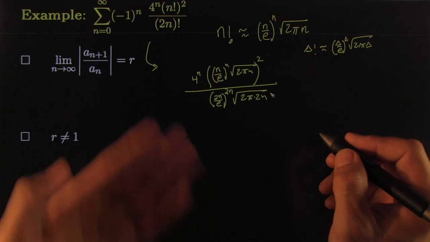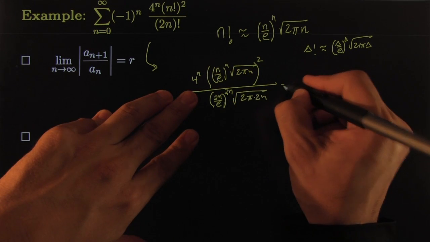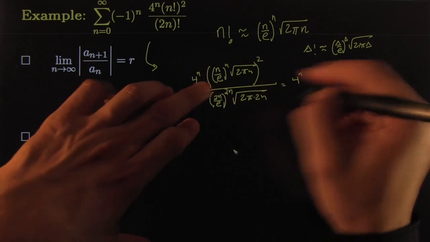Duh. Now what? Well, fear not. Let's just keep doing it. So this becomes 4 to the n. That's that 4.